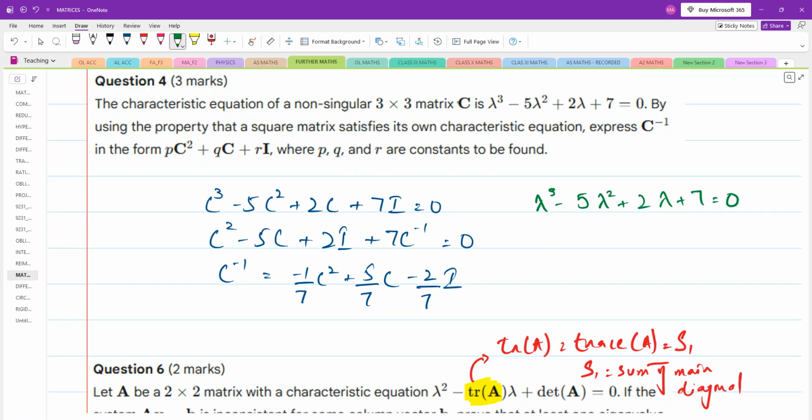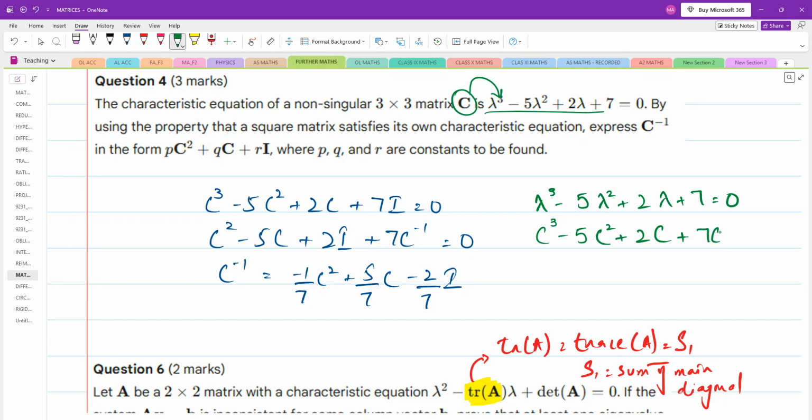Since C will satisfy its own characteristic equation, we are going to be changing lambda with C. And when we put, okay, this is going to be 7C.